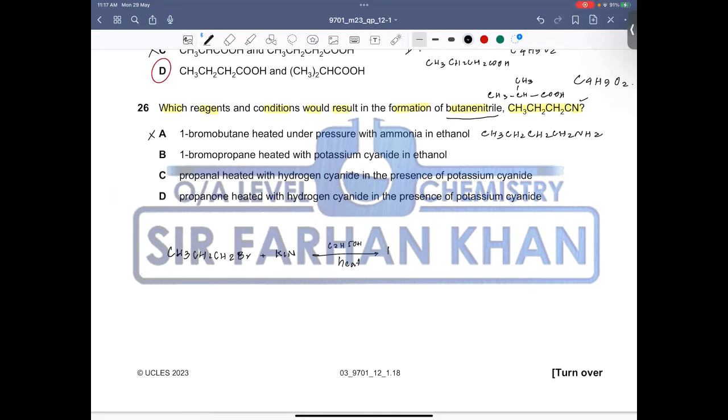It will turn to potassium bromide and CH3, CH2, CH2, and then CN, and that's your butane nitrile, which is also called cyanopropane. That's the exact structure we need to find, so option B is going to be the correct answer for sure.